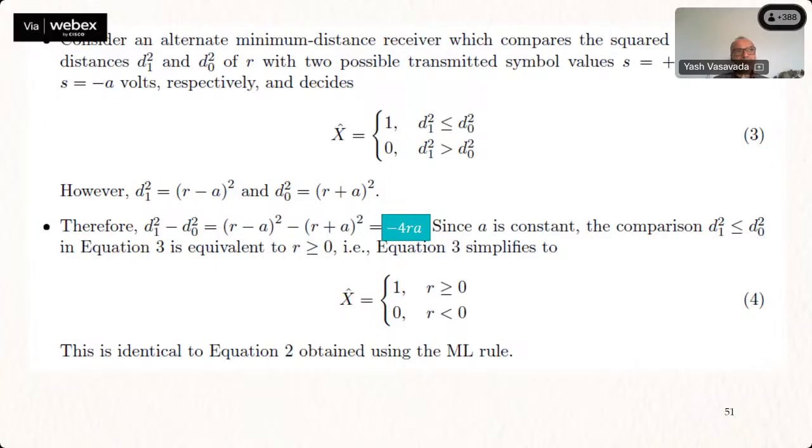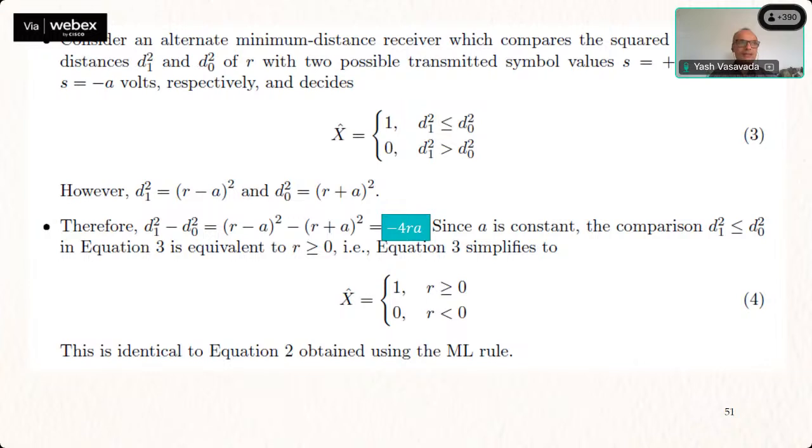It turns out that the equivalence of minimum distance detection and the optimal maximum likelihood detection holds provided one requirement: the channel has to be introducing Gaussian noise.